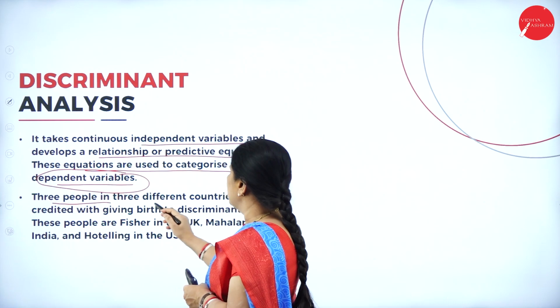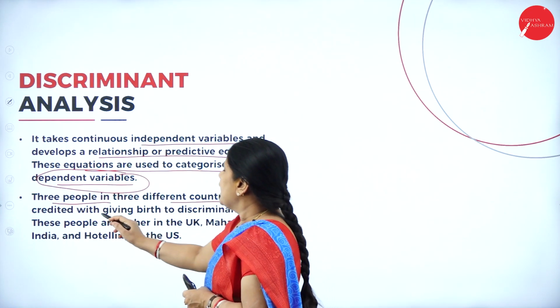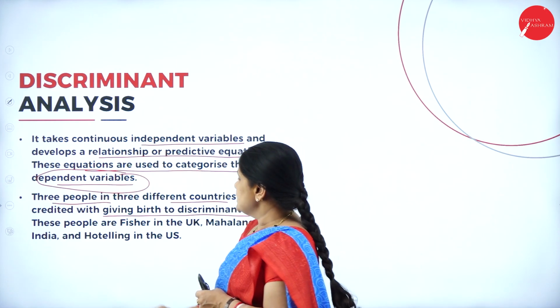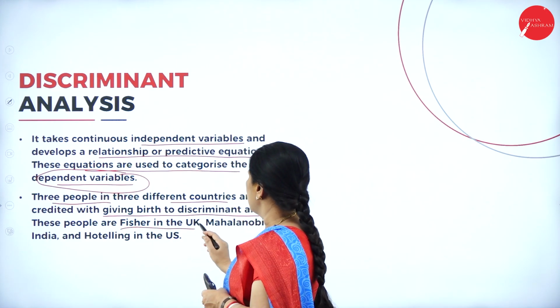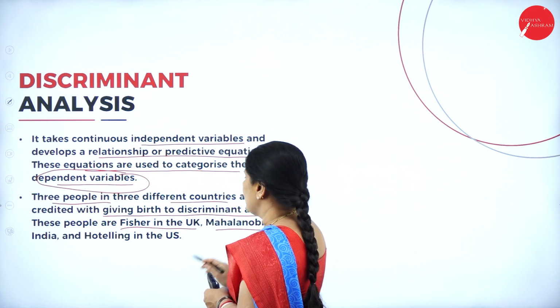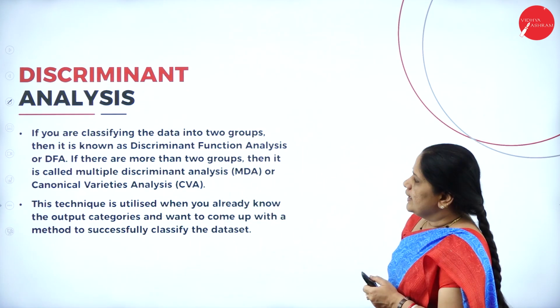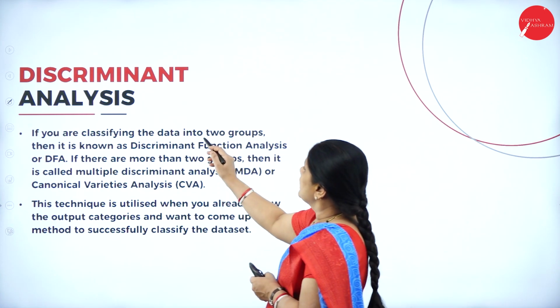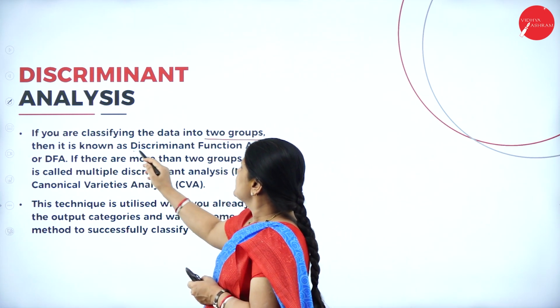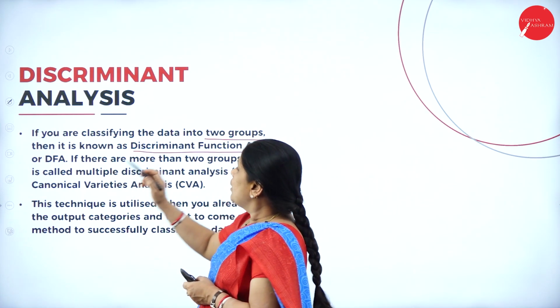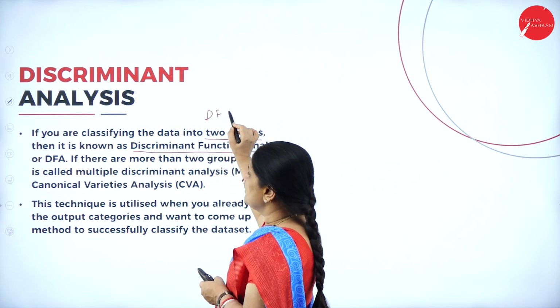Three people in three different countries are credited with giving birth to discriminant analysis. These people are Fisher in the UK, Mahalanobis in India, and Hotelling in the USA. If you are classifying the data into two groups, then it is known as discriminant function analysis or the DFA.